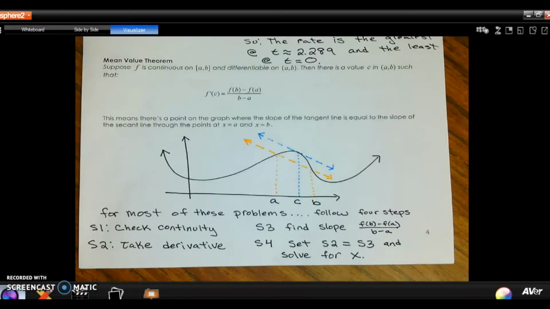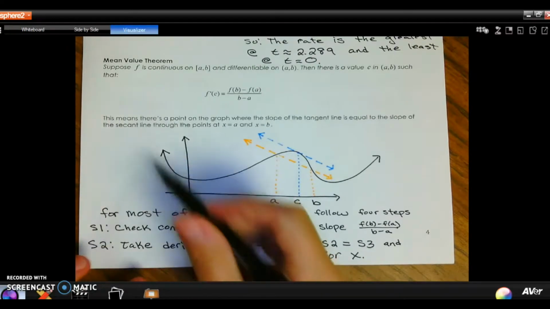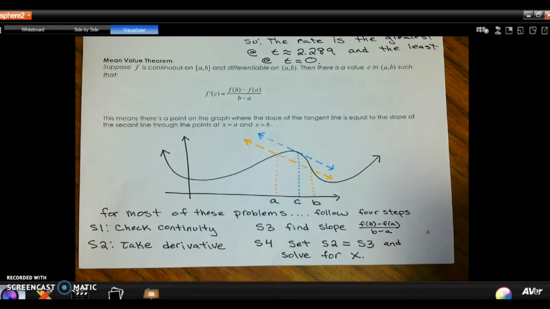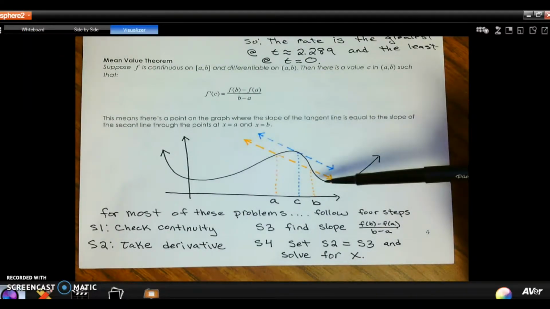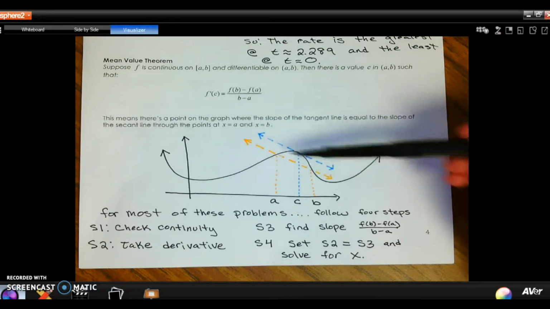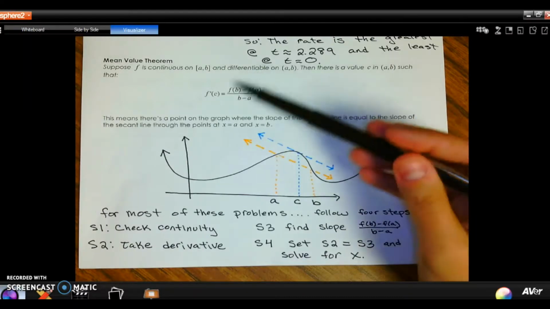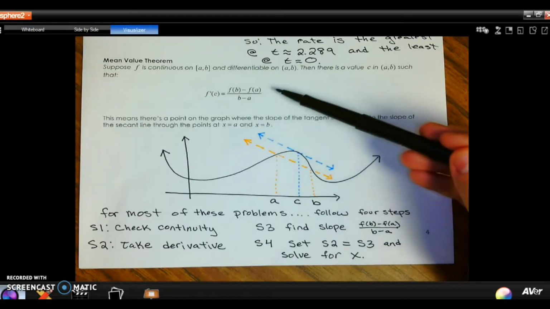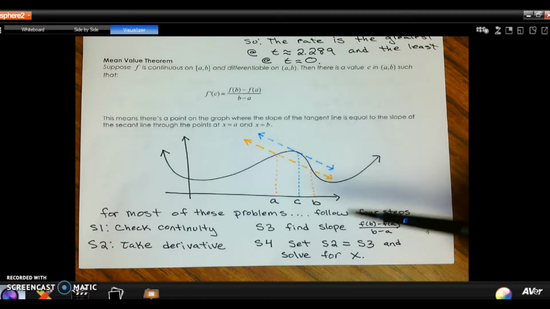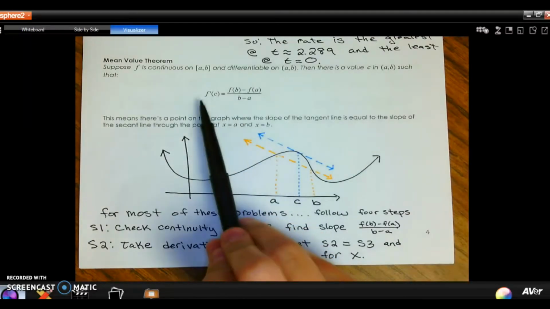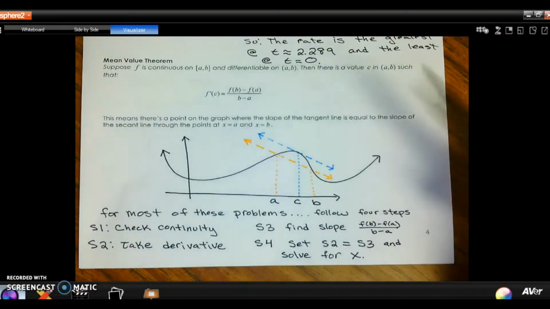Okay, the last thing that I wanted to talk about in this video was the mean value theorem. The mean value theorem basically says that if you have a graph that's continuous, like this one here, then somewhere on that graph, if you draw a secant line that touches it twice over this interval between A and B, you can use your pre-calculus formula, the average rate of change formula, and the mean value theorem says that somewhere on there, the derivative will equal that.